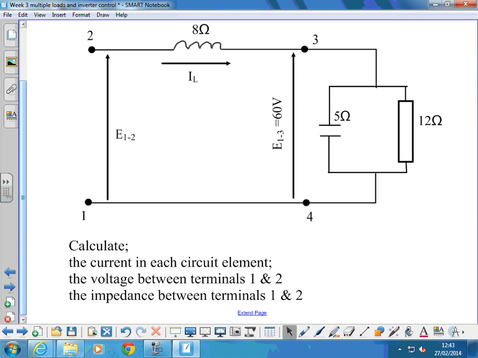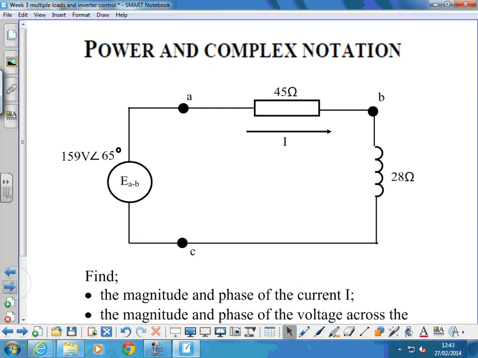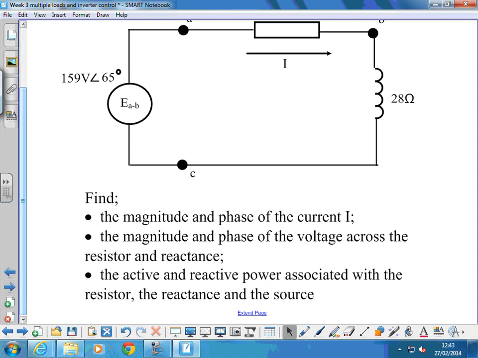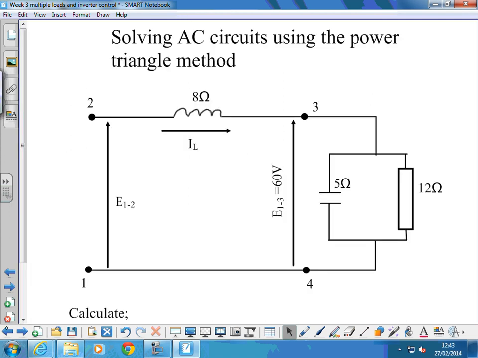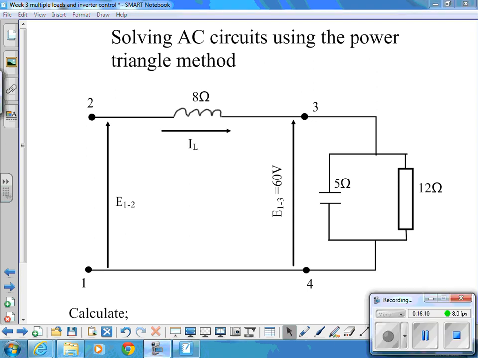So, looking at that circuit, what can we calculate? Have a look at it. What's the first thing do you think?